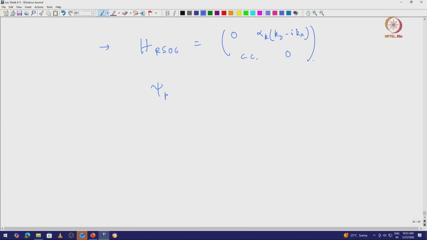So, in which we have chosen the basis like this. So it is a coupling between up and down spin, which is k dependent, and this is the Rashba spin orbit coupling, and the full Hamiltonian then would be some quadratic band without the spin, and then we will have the Rashba spin orbit coupling.